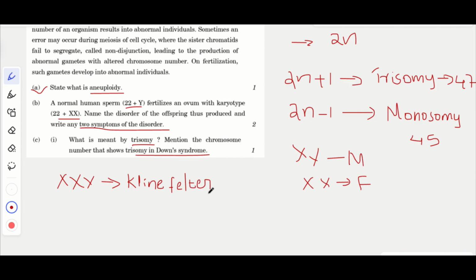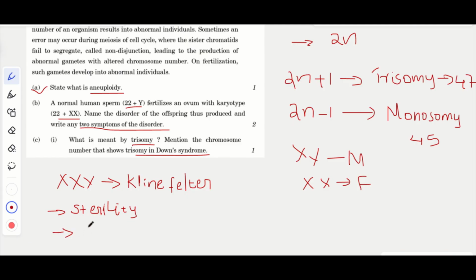Klinefelter. Okay. So what are the two symptoms of this particular disorder? First one will be sterility. The individual will be infertile. Second will be poor development of secondary sexual characteristics.